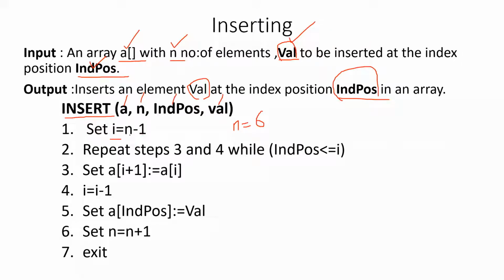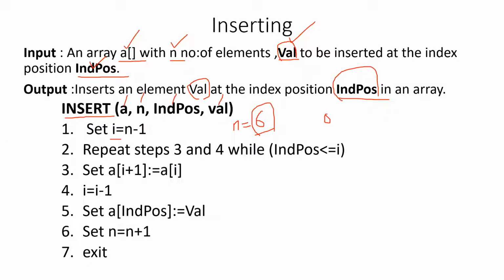So I is set as n minus 1. Why are we setting I as n minus 1? You know that if we have 6 numbers in the array, the starting index will be 0. Listen carefully. We will be starting the index number at 0. So what will be the last index number if you have 6 numbers in the array?